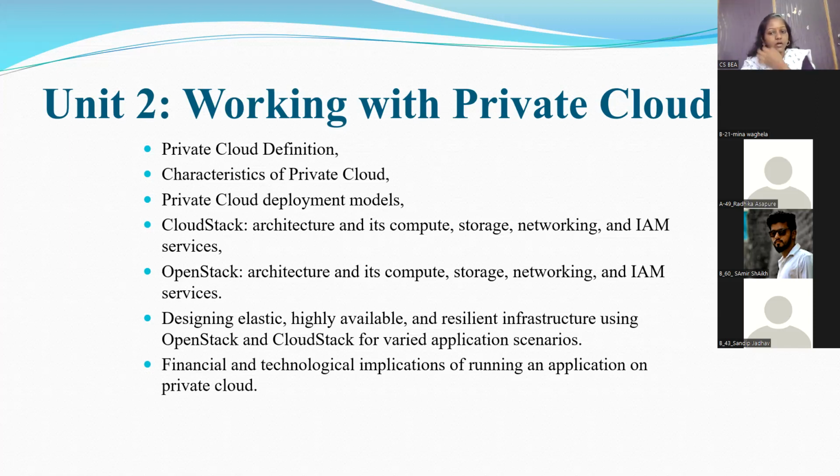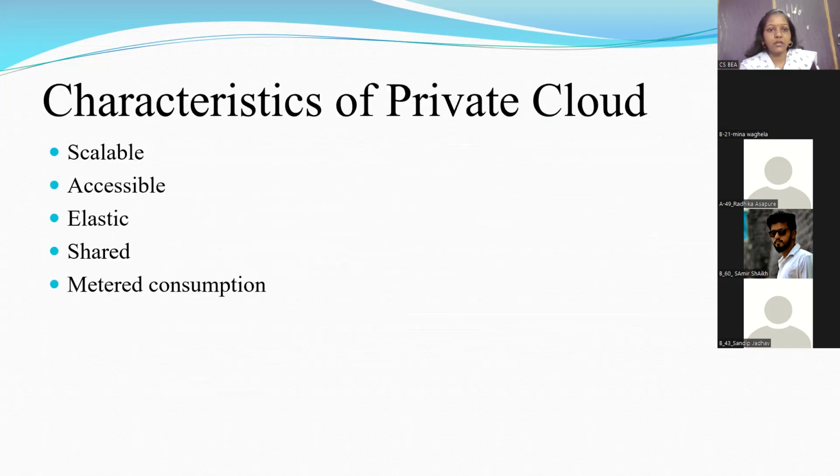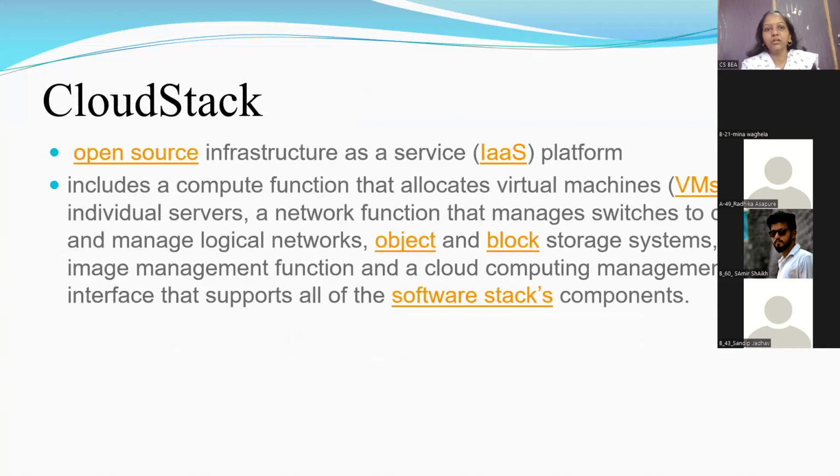Okay, so we have almost come to the end of the second unit, that is working with private cloud. In this particular unit, we have seen the definition of private clouds, then the characteristics of private cloud like scalable, accessible, elastic, shared, and metered consumption.